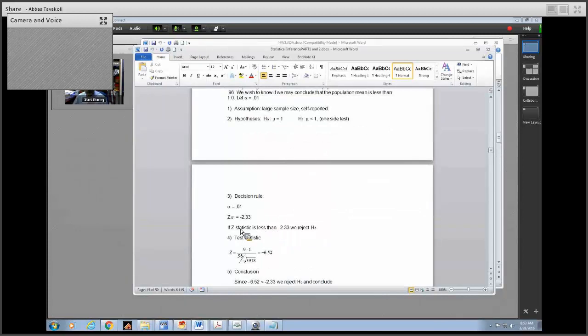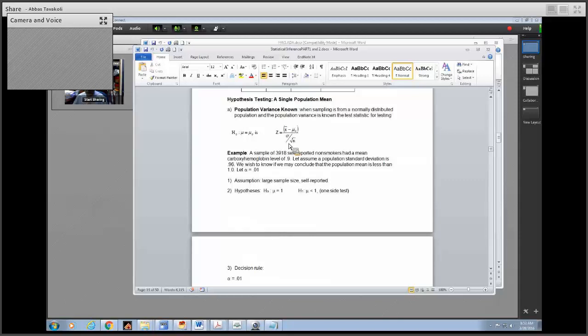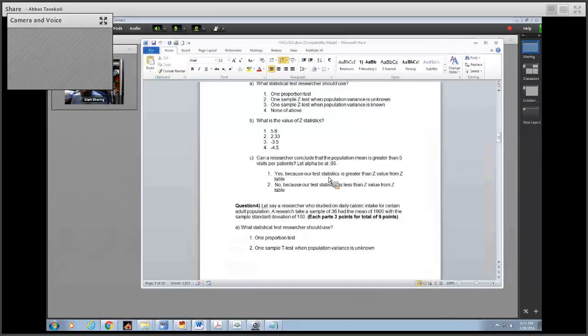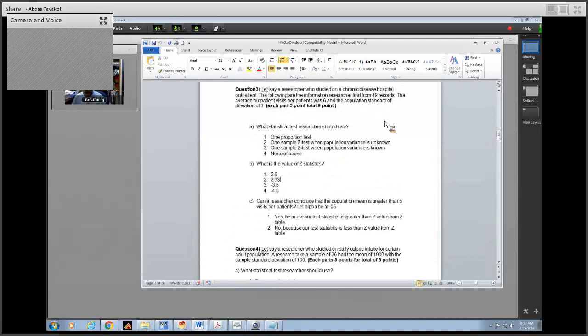So you would use the Z test to do the hypothesis testing. Here I ask you to calculate the Z statistic and then do the hypothesis testing. If you look at this example in your handout, page 15, it's similar to that.